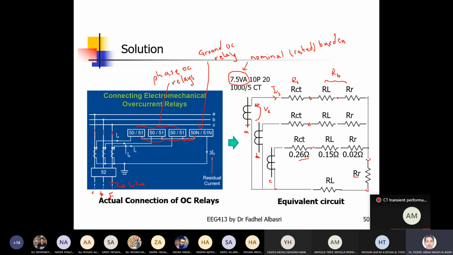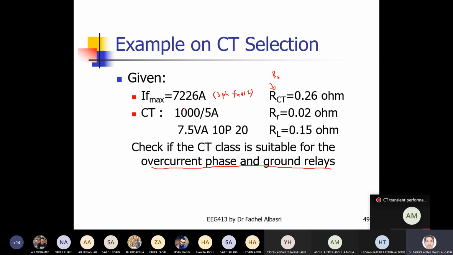Now at that situation, the current, of course, for line to ground fault will not be 7,226. This is the maximum fault. So if I know this, what was the minimum fault current for ground faults?